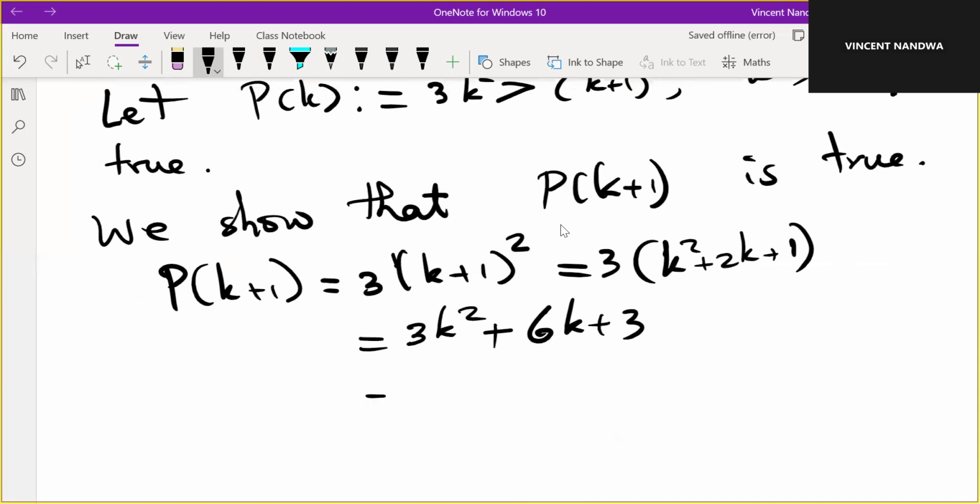So I can write this one as 3 into, so I want us to complete the square for this, but I can just have 3 into k squared, then plus 2k, plus 1.